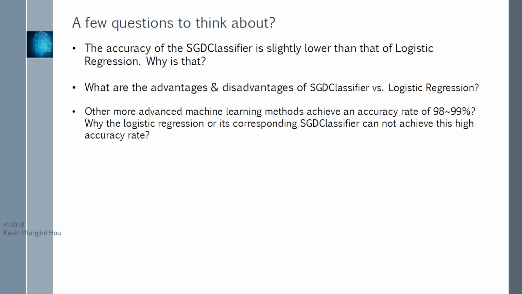The first question is, as I mentioned to you, the accuracy of the SGD classifier is slightly worse than that of the logistic regression. So why is that? Well, the SGD classifier is using the gradient descent approach, for which we have quite a few hyperparameters to provide.